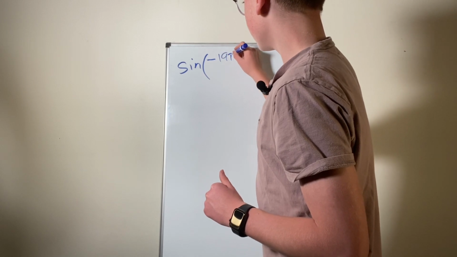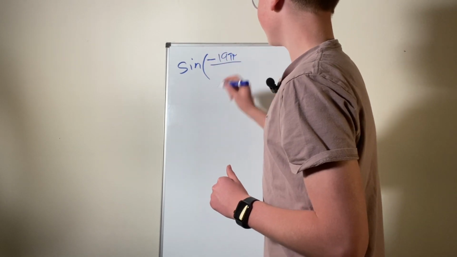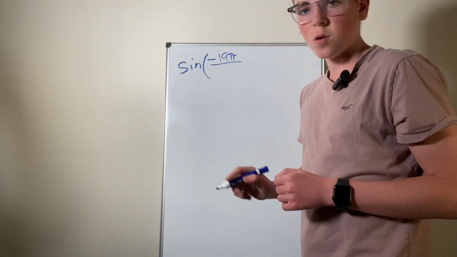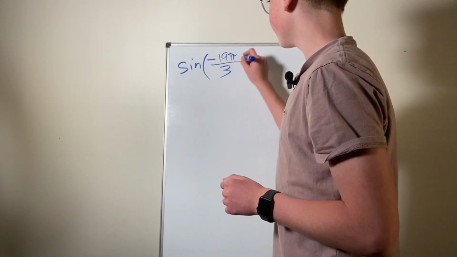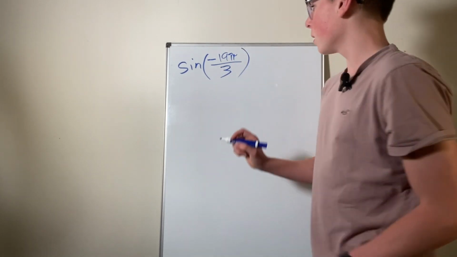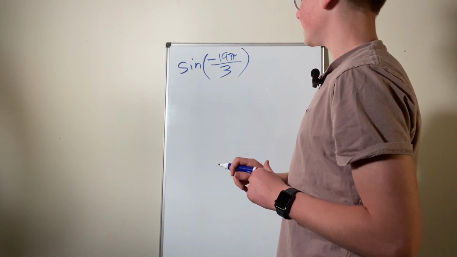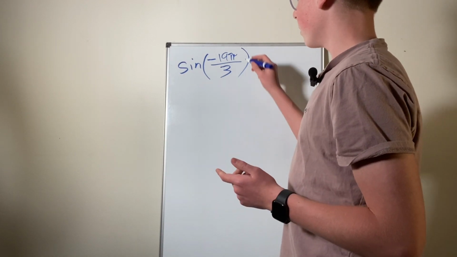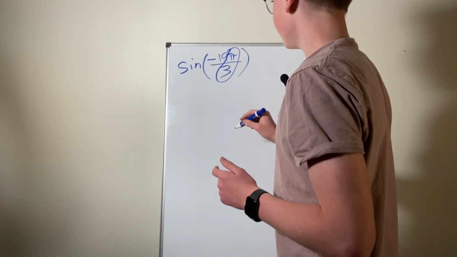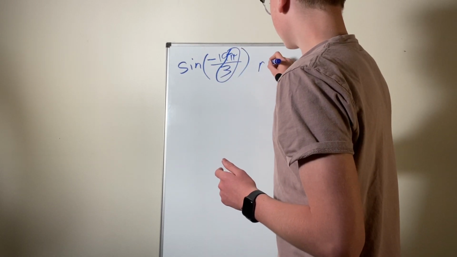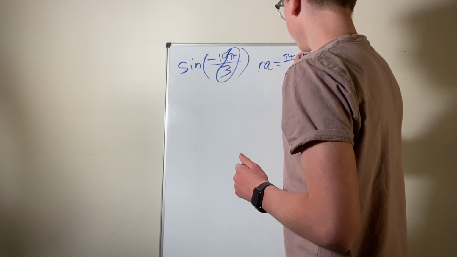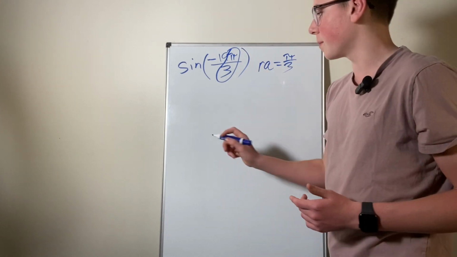The sine of negative 19 pi over 3. Let's do it. Well, sine of negative 19 pi over 3, what's our reference angle? Pi over 3. So RA equals pi over 3. I just like that there so I remember what I'm going back to.